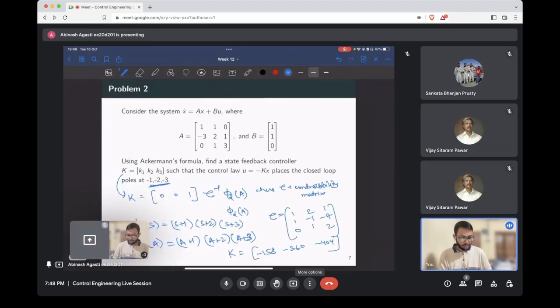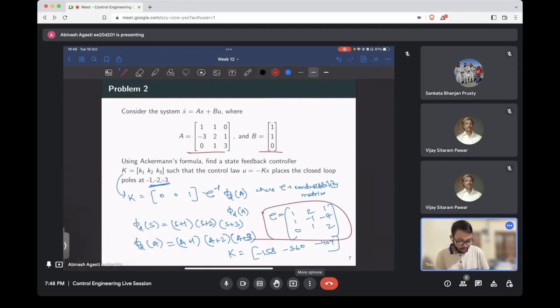Okay. We are done with this. We were given A and B. We found the controllability matrix. Then using Ackermann's formula, we found this. Although we did it in MATLAB, it is not conceptually any different, it's just computationally easier. But you can do the same thing by hand or with a calculator.